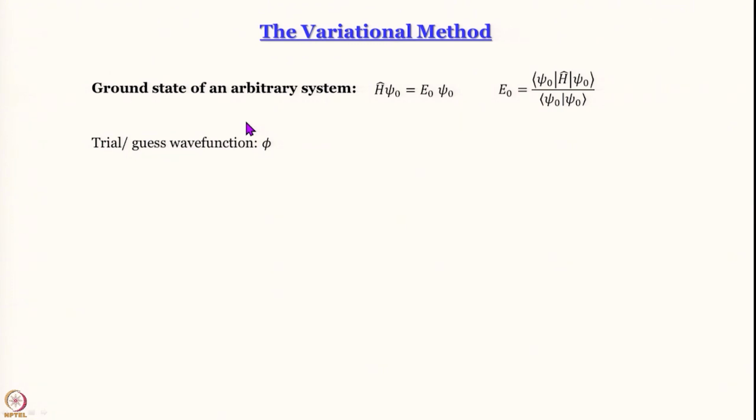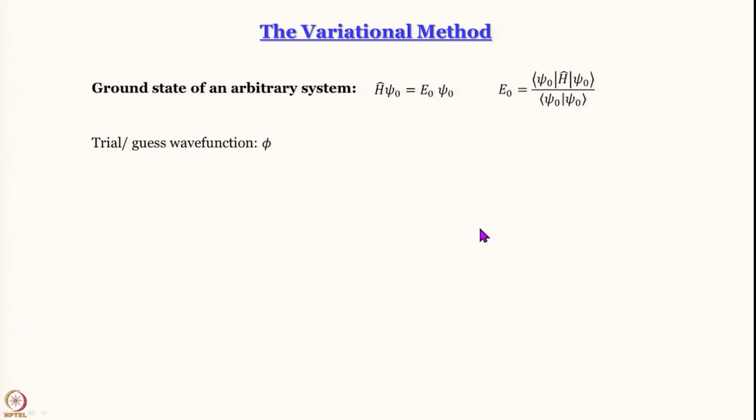I do not know a wave function, but I will guess. How will I guess? You will see, before trying to prove variation theorem, we will actually show you an elegant example where we actually know the solution, and we will see that this variation method allows us to guess a wave function that gives good enough values. So, with a little bit of experience we will be able to guess, it is not so difficult.